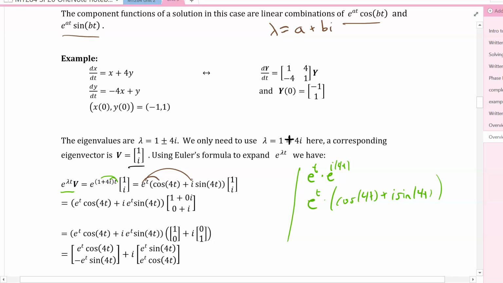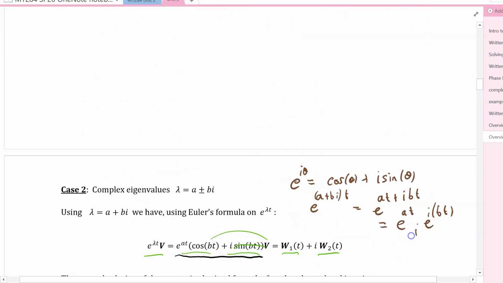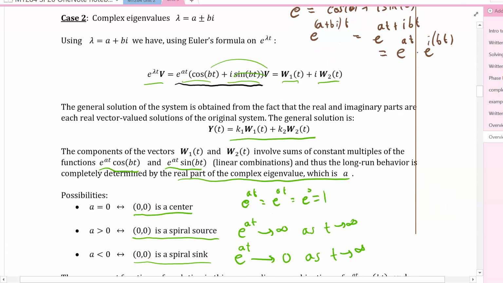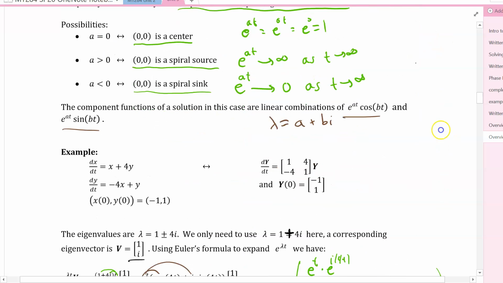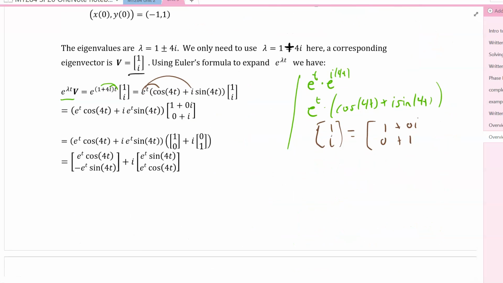Now I've also done one other thing in that the vector (1, i), I want to split that up into real and imaginary parts. The way we can do that is realize that it's 1 plus 0i in the first component, 0 plus 1i in the second component.